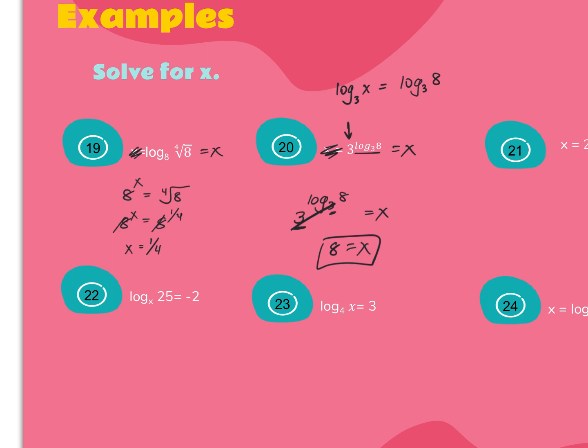And so if you notice, if I write this exponential function as a logarithmic function, notice it says log base 3 of x equals log base 3 of 8. These cancel, leaving me with x equals 8. So there's a valid explanation for it. It's just that you're going to want to just do it from here. Again, if I have 4 to the log base 4 of x power, this and this cancel, leaving my answer as just x, just whatever's left over.